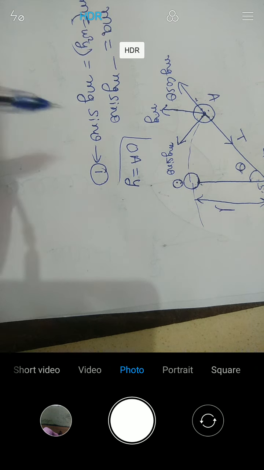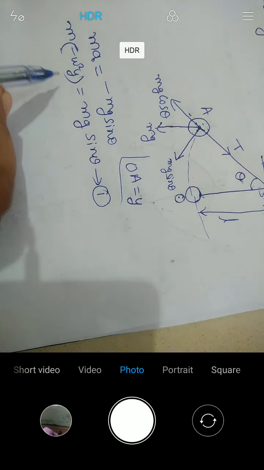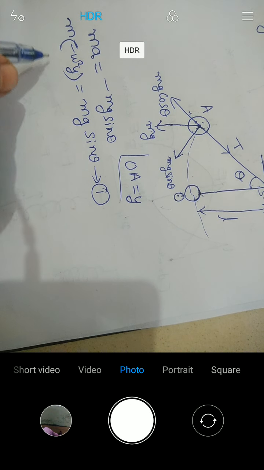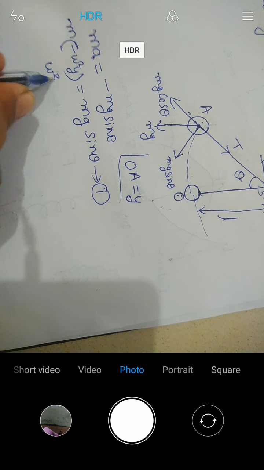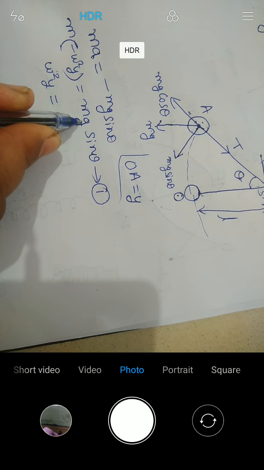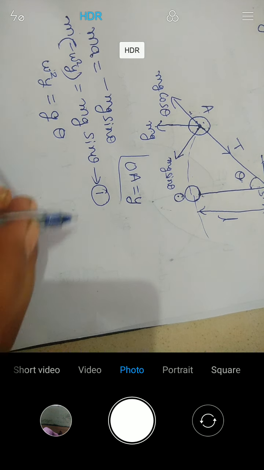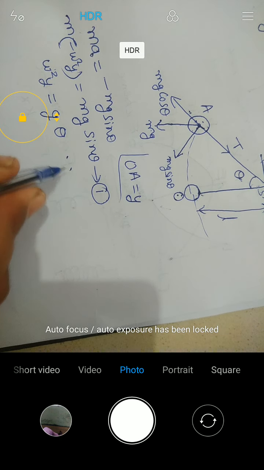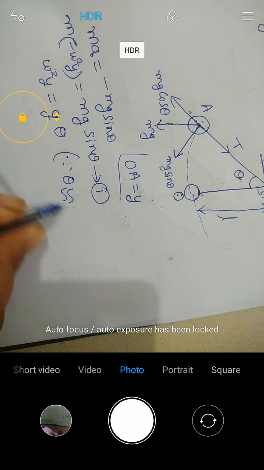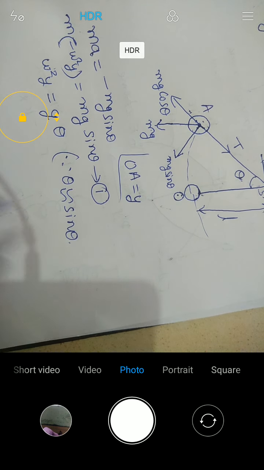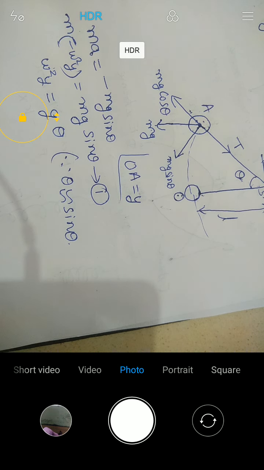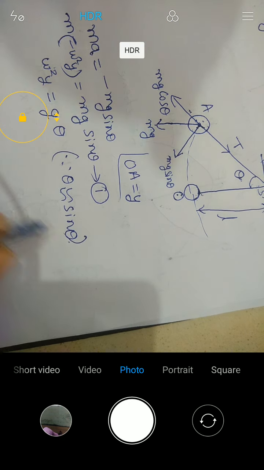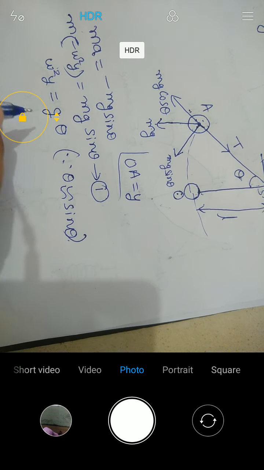In this equation number 1, omega square y is equal to g into theta, because the angular displacement theta is very small, and theta is nearly equal to sin theta.